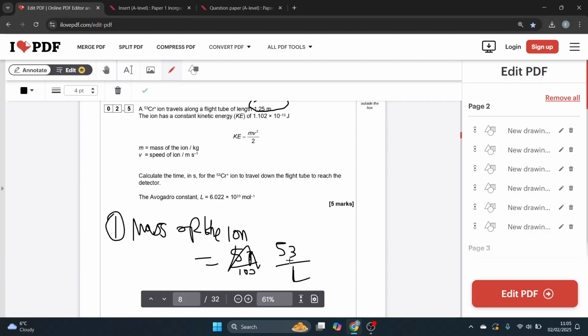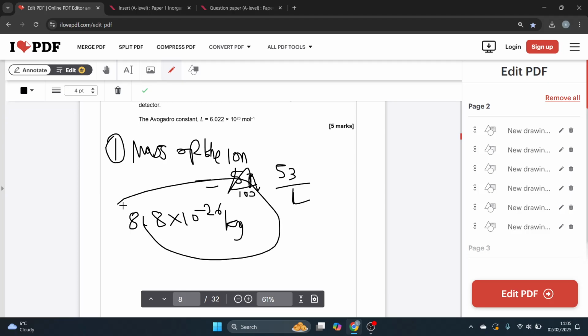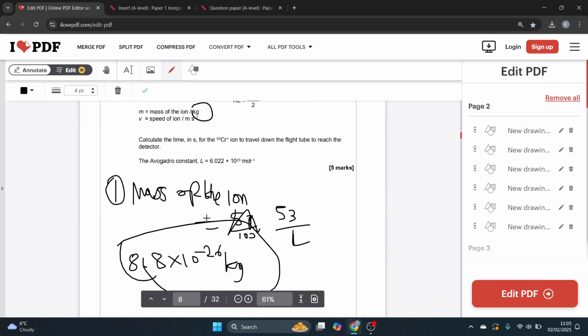I get 8.8 times 10 to the power minus 26, and obviously this is in kilograms. How do I know this? Because if you read the question, it wants the mass of the ion in kilograms.